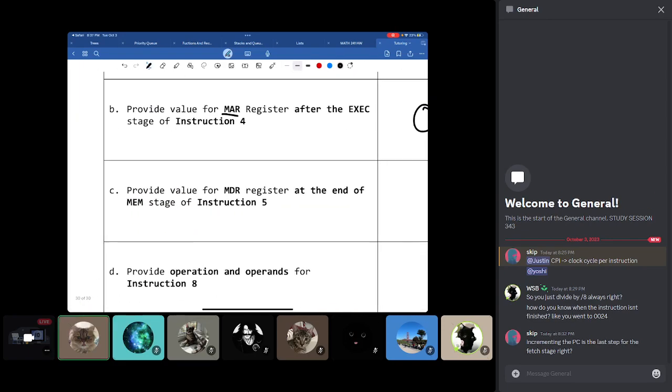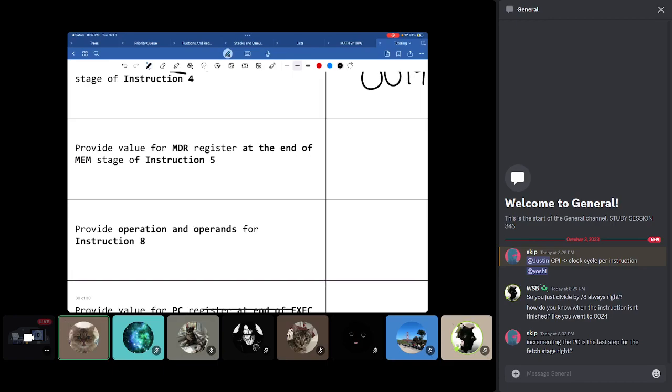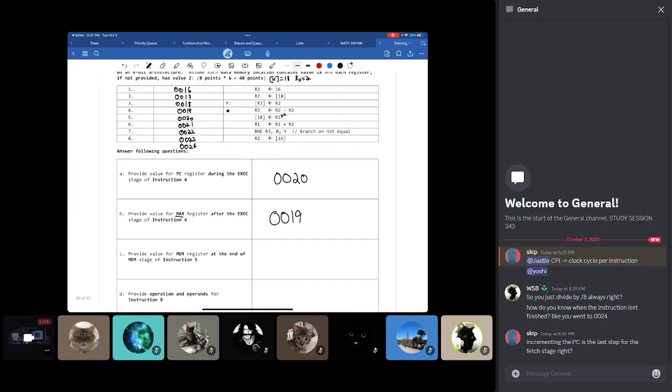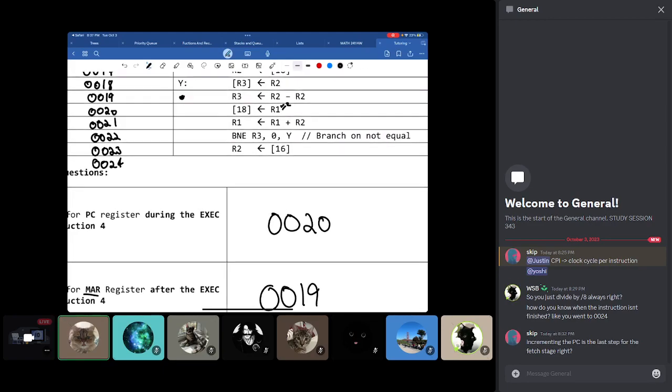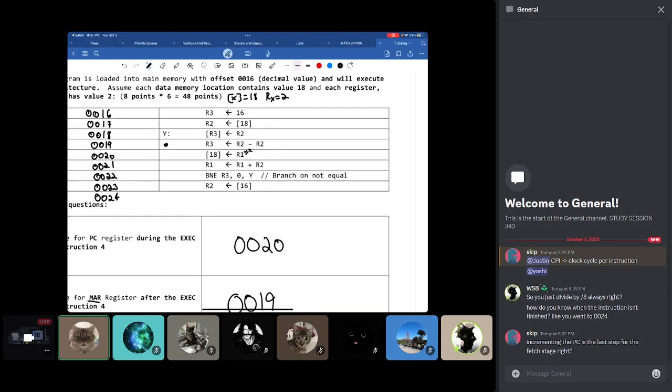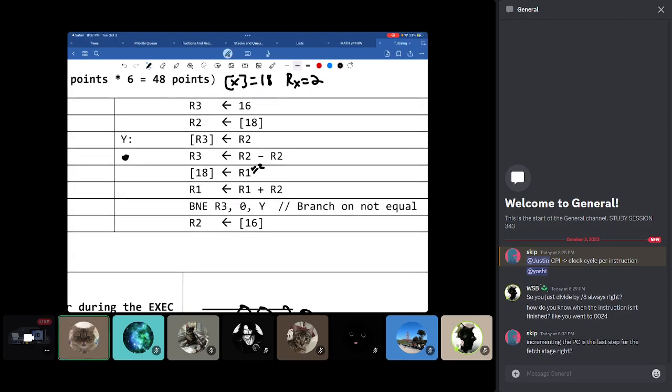So it's saying provide value for MDR register at the end of the mem stage, meaning that we have taken that data from, actually, that's a store, right? Give me 1 second. Store, right? So the end of the mem stage, remember that in exec stage, we put 18 into our MAR, we put control to write, and we set MDR to R2 or the value of 2, right?